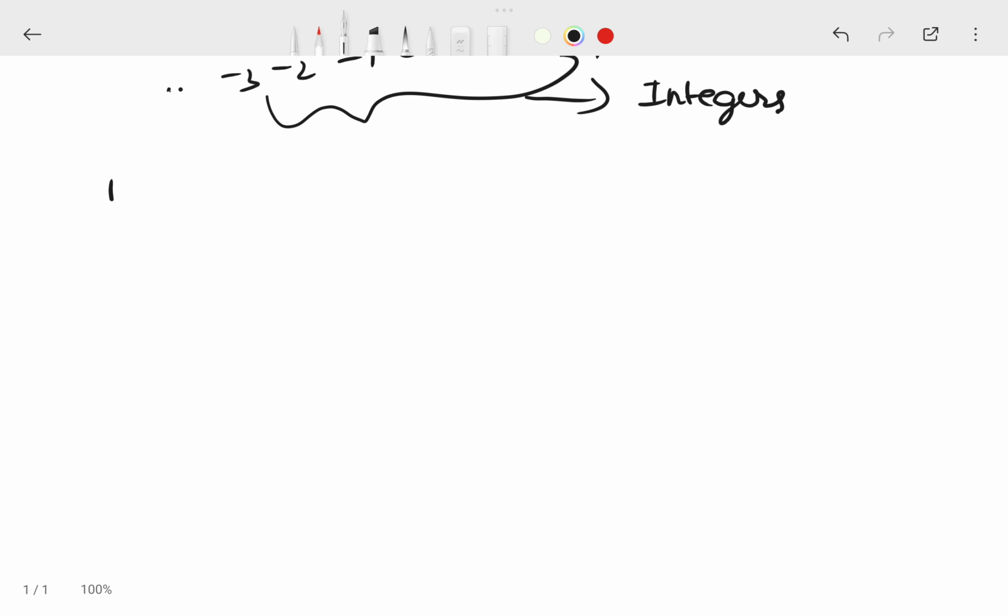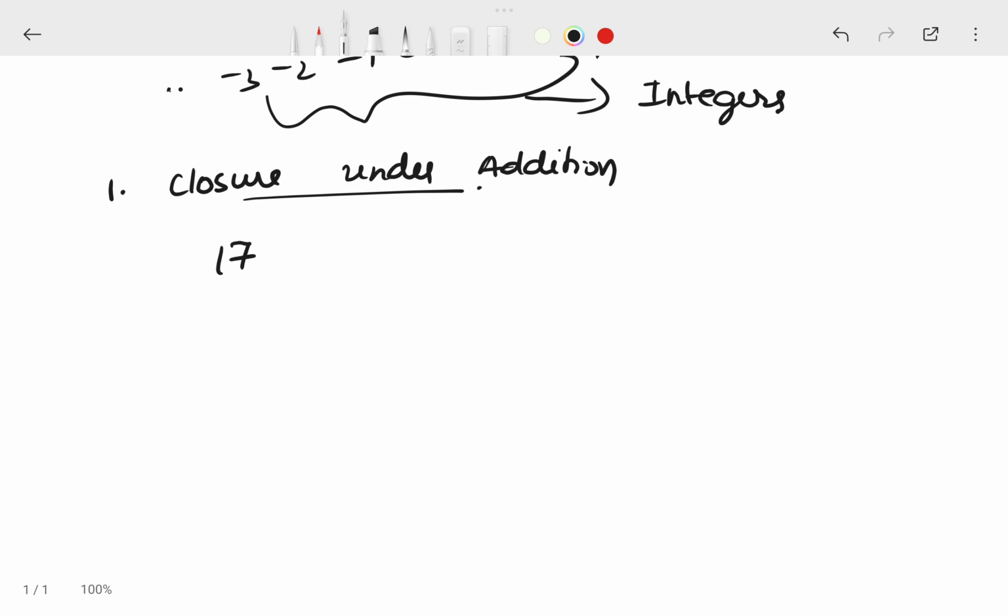The first property we are going to see is closure under addition. Let's take whole numbers as an example. We know whole numbers hold this property. Let's take 17 and 24.